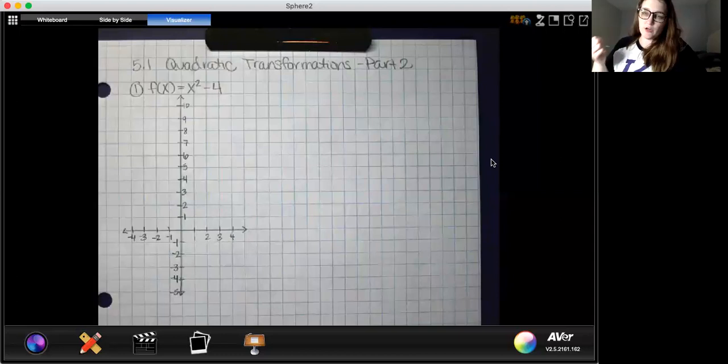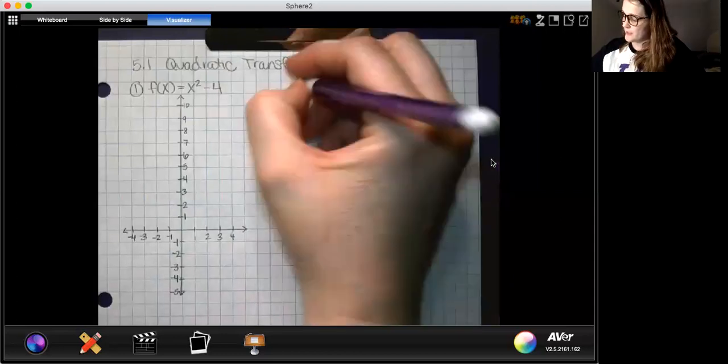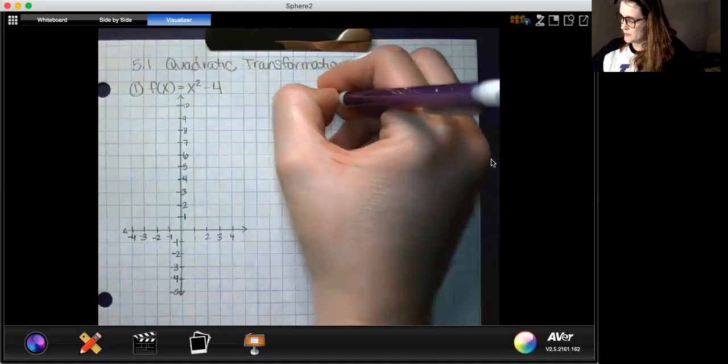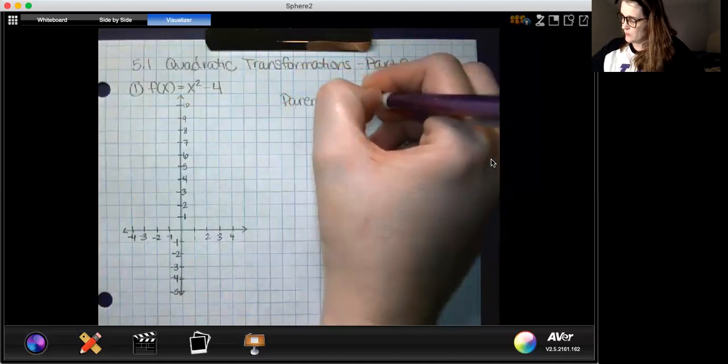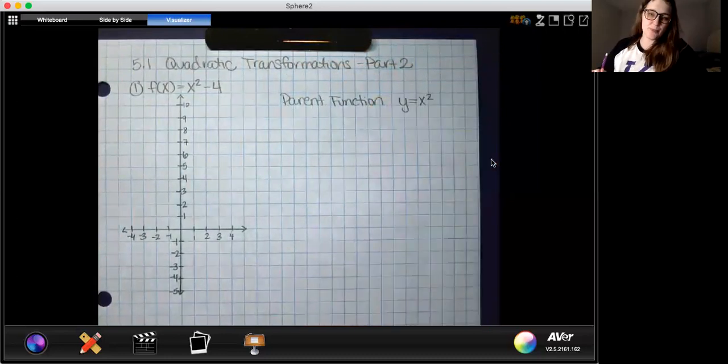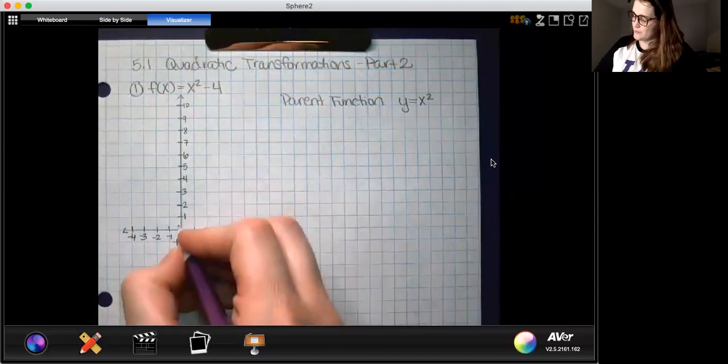First thing we're going to do on our graphs is start with the parent function. Now remember, the parent function is the most basic of the quadratic functions, y equals x squared. Now remember, from our previous lesson, we had graphed this before.